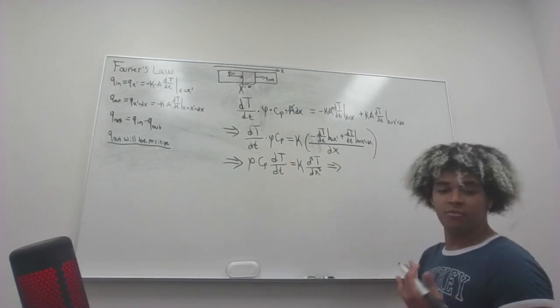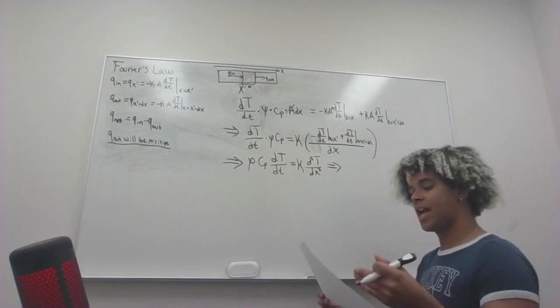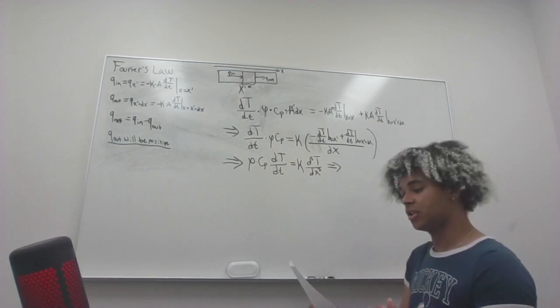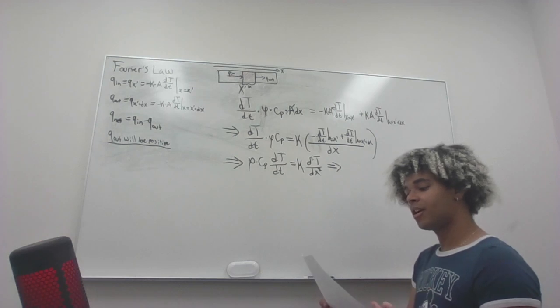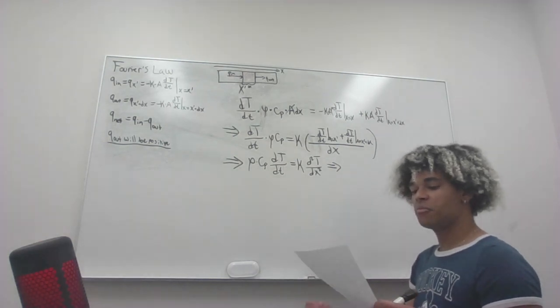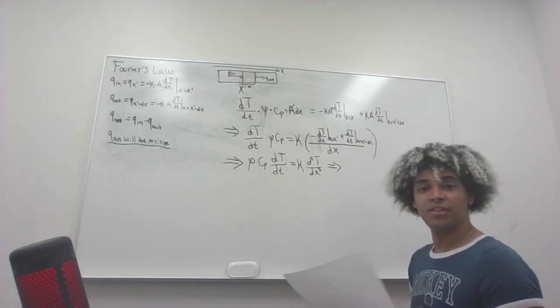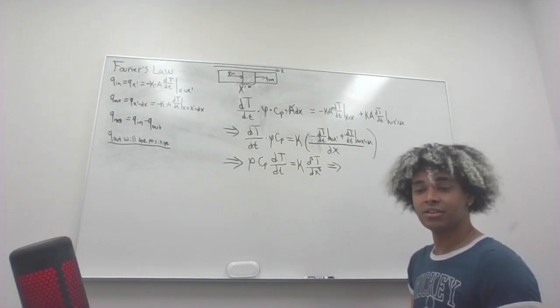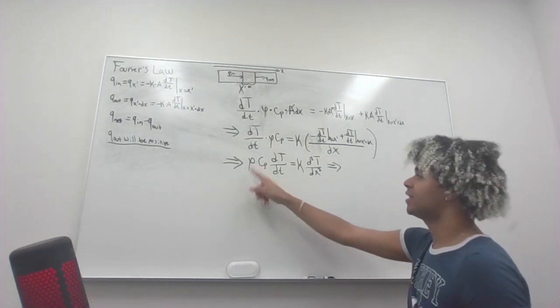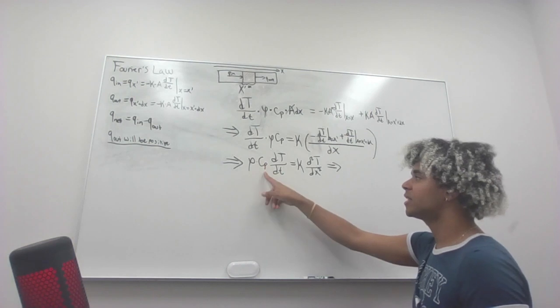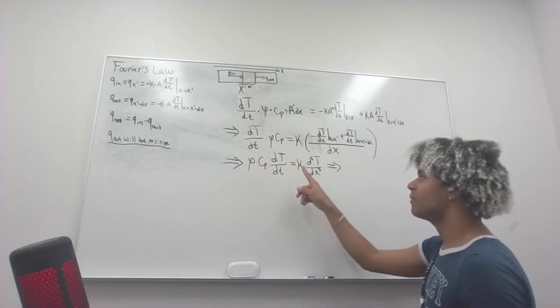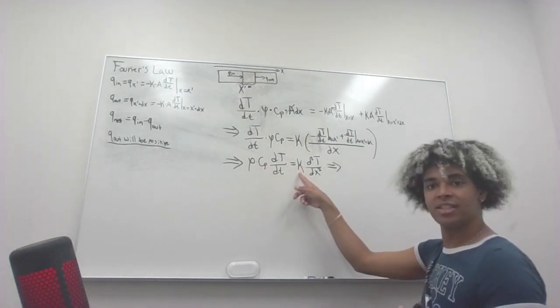That way we will have derived the time-dependent heat diffusion equation for a uniform linear bar. At that point, we would be assuming a constant thermal diffusivity because density is not changing, specific heat isn't really changing, and K is a constant as well.